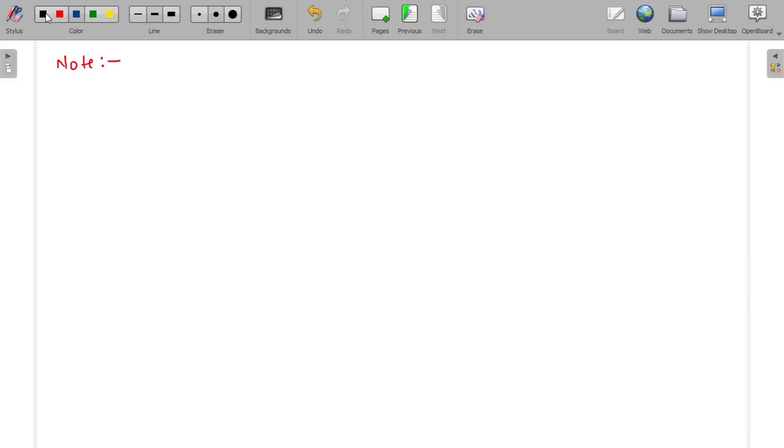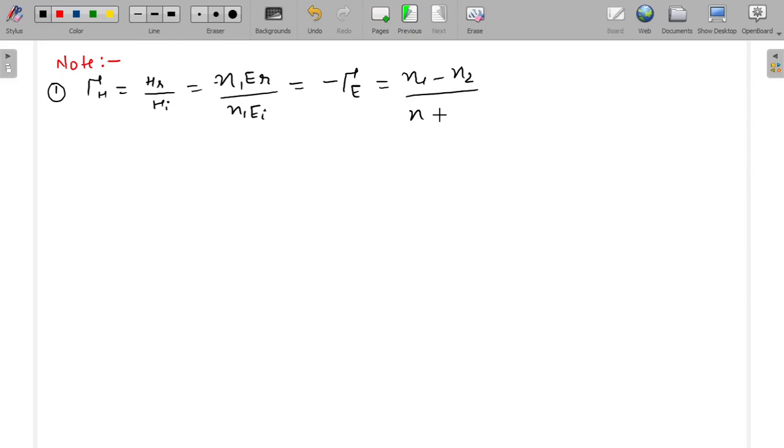The first one, that is tau H, that is equal to Hr by Hi, that is given as minus N1 Er divided by N1 Ei. So this will become minus tau E, that is equal to N1 minus N2 divided by N1 plus N2. These are all formulas derived from the previous formula. So you can sit with the notebook and try to derive all this.